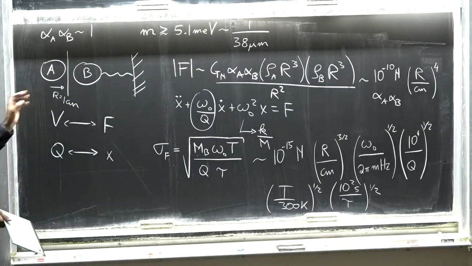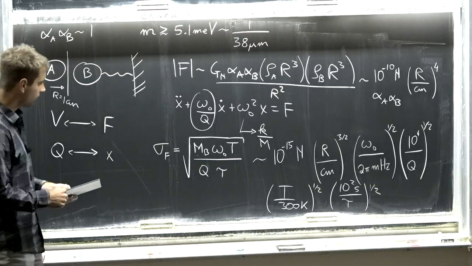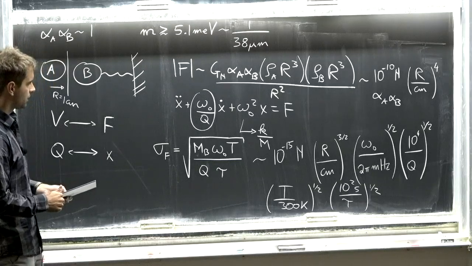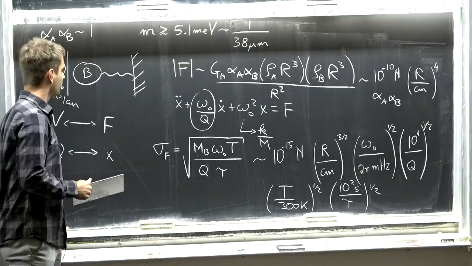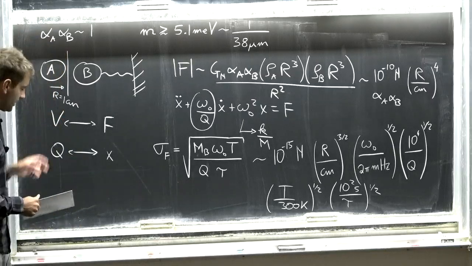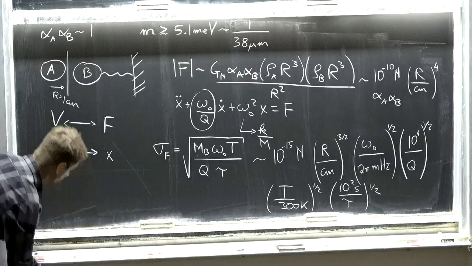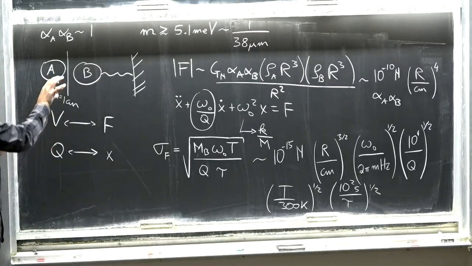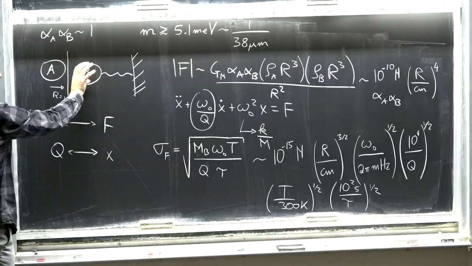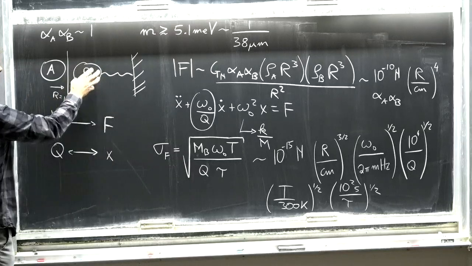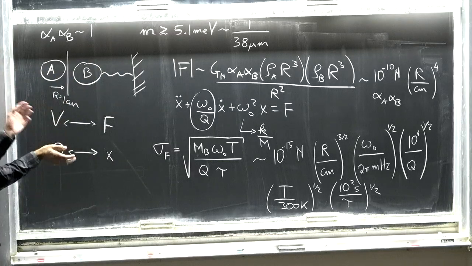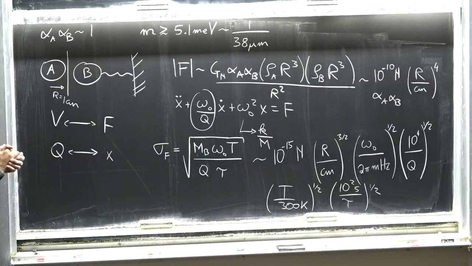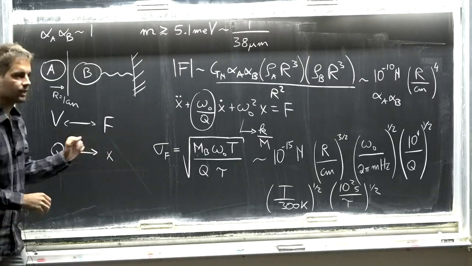I didn't actually tell you how it's done normally, but the simplest case would be, imagine I literally had some ball here, and I knew the mass to a percent. I need to know it to some ridiculous precision.